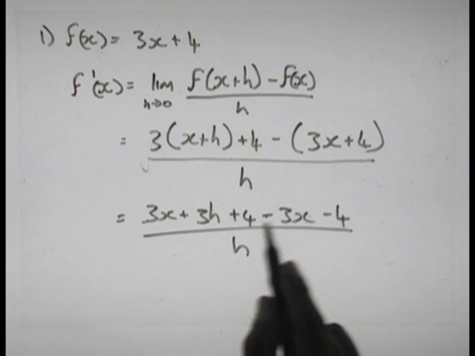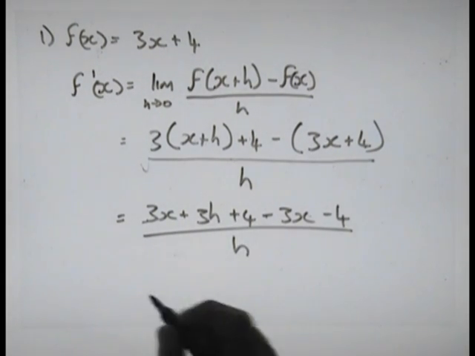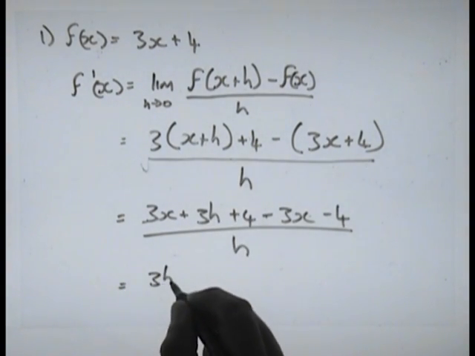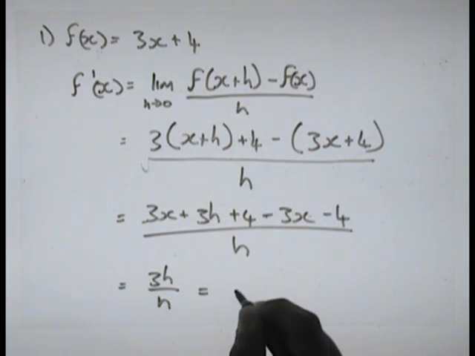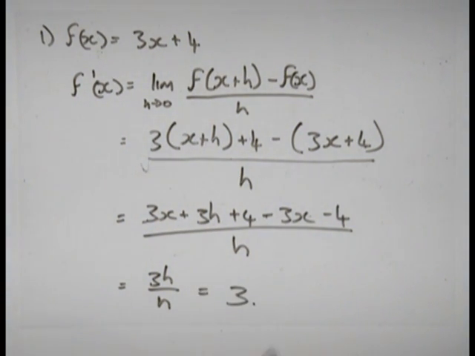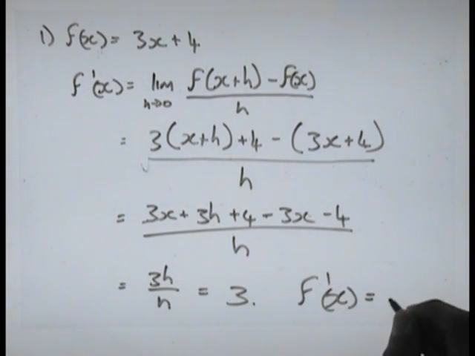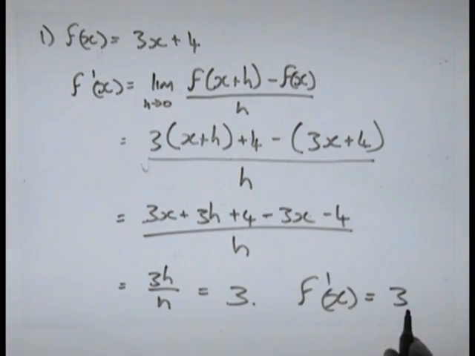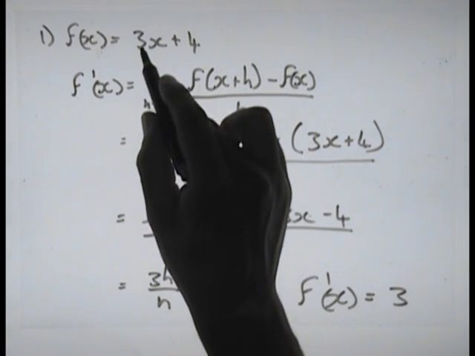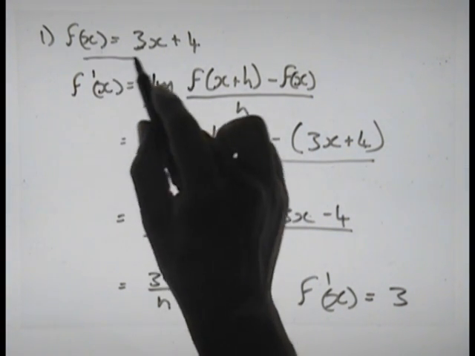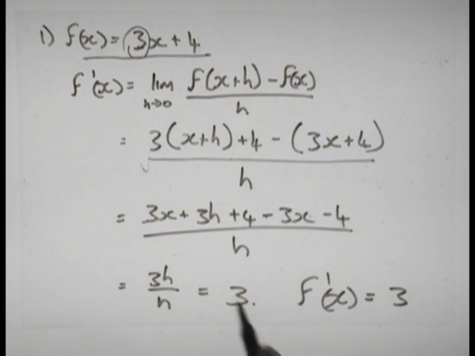The 3x minus 3x and 4 minus 4 all cancel, which leaves us with 3h over h, which is simply equal to 3. That means that f dash x, or the gradient of f of x, is equal to 3. And this we know from our basic straight line sketch, that our gradient in this case is equal to 3.